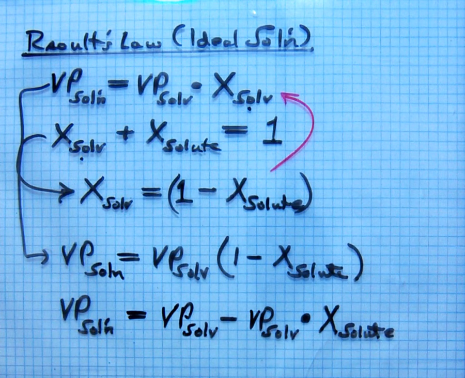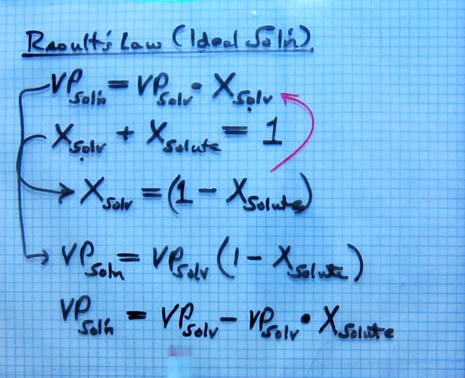Now, you hear me? Vapor pressure of the solution is not a colligative property. Vapor pressure lowering, anything that you do to change the vapor pressure or the properties of the solution, is a colligative property.